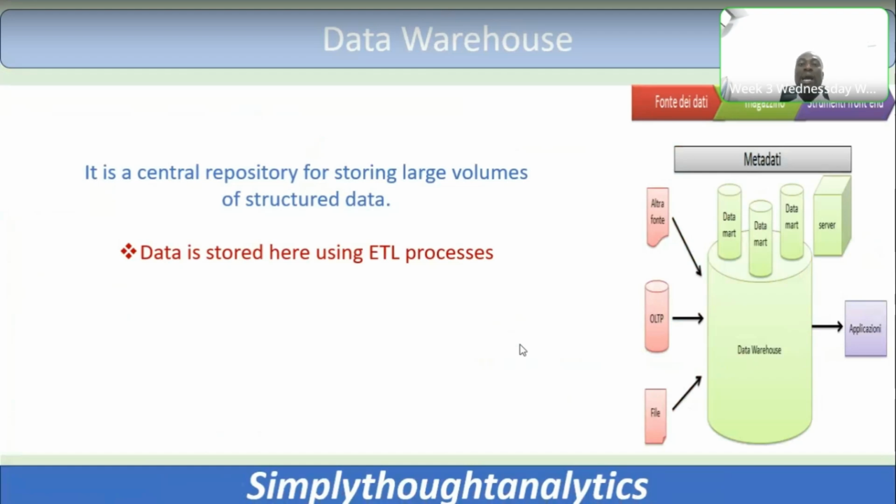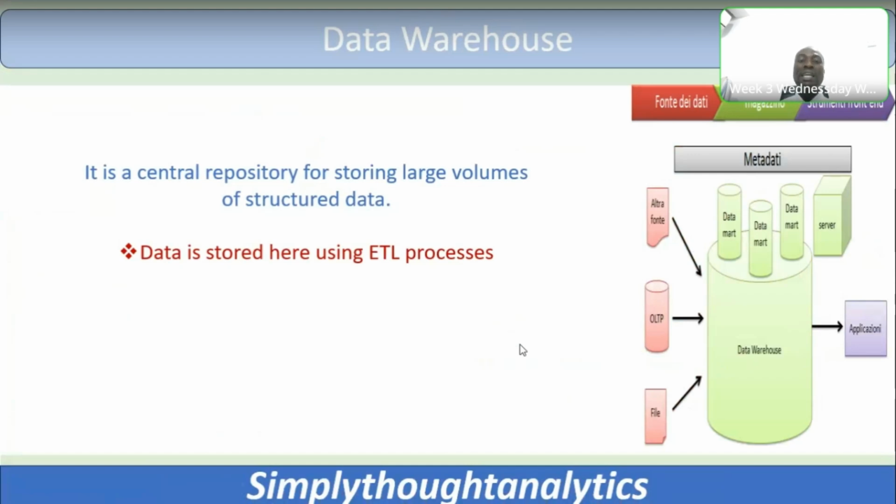So the essence of this is that if you have a very big organization that cannot maintain all of their data in a single database, what do you want to go for? Data warehouse. Why? Because a data warehouse can contain several databases.